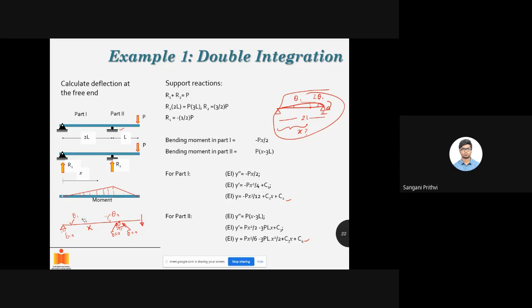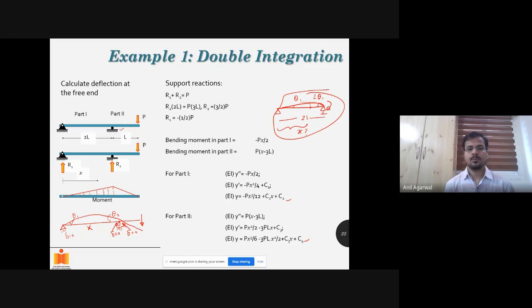Sir, θ2 in part 1 is equal to θ2 in part 2. Exactly. So if I measure the slope here, what he's saying is that this θ2 and this θ2 have to be equal. I can calculate θ2 using this set of equations, and I can calculate θ2 using that set of equations.